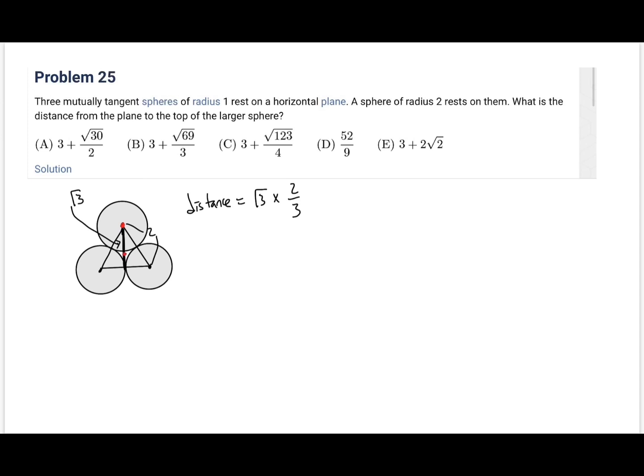And since this spot is the center of the triangle, it's also the center of gravity of the triangle, right?